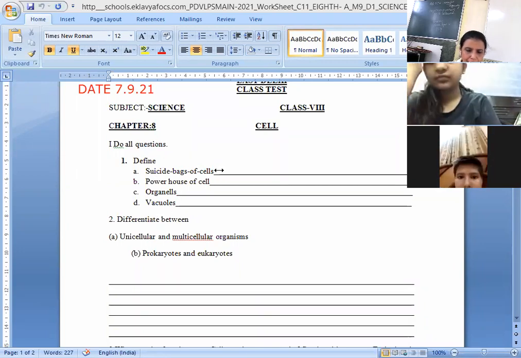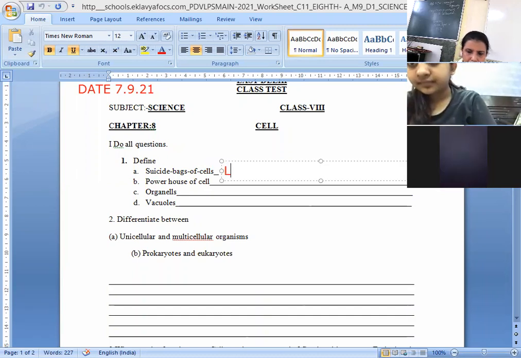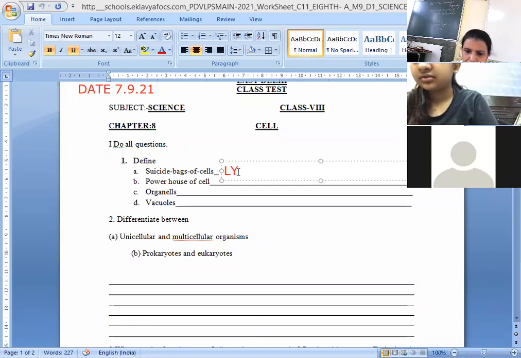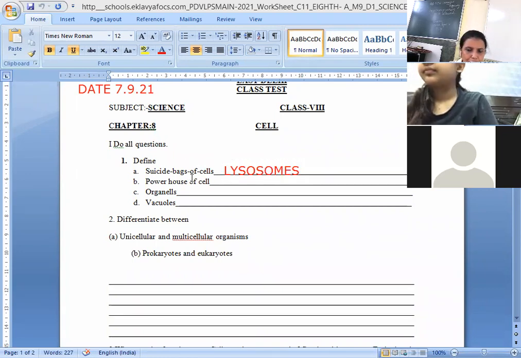Suicidal bags are known as lysosomes. Lysosomes are known as suicide bags of a cell. Why are the lysosomes known as suicidal bags? Because they destroy themselves to clean the cell.